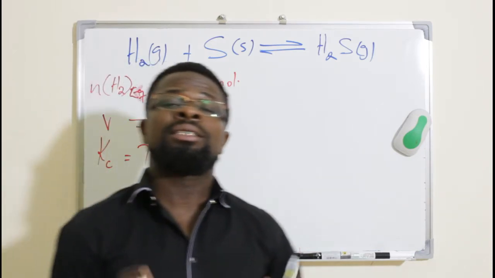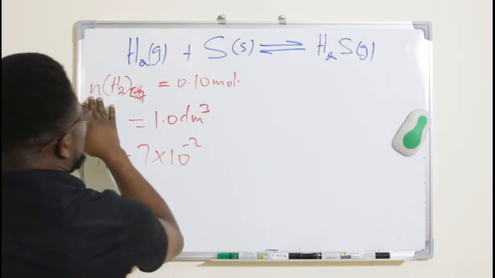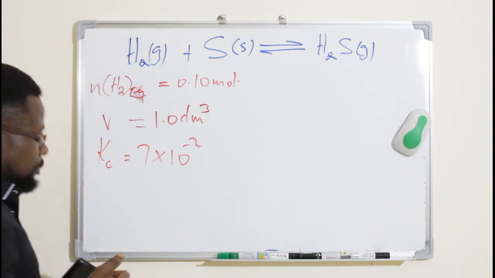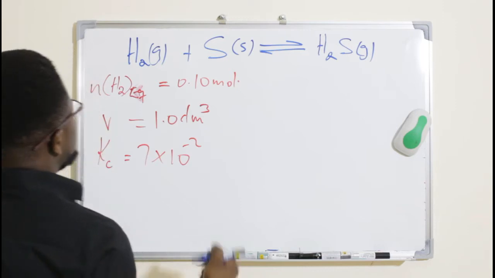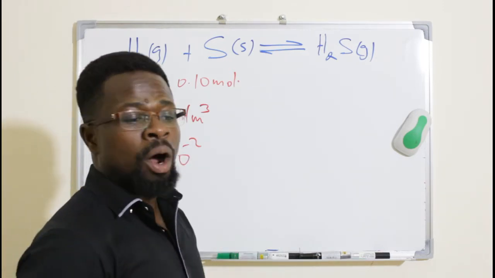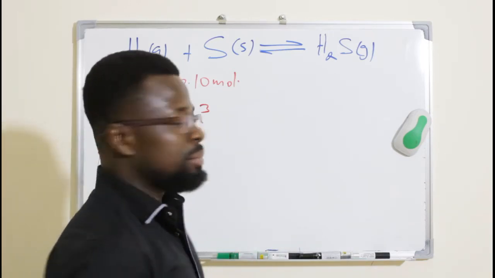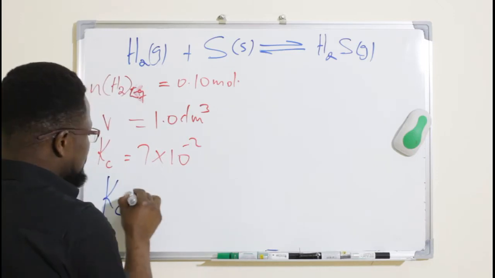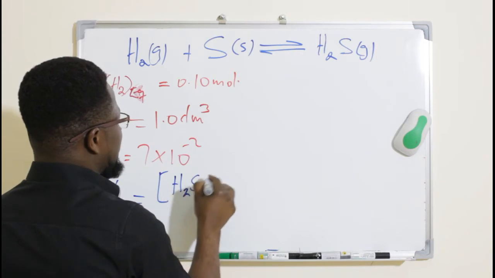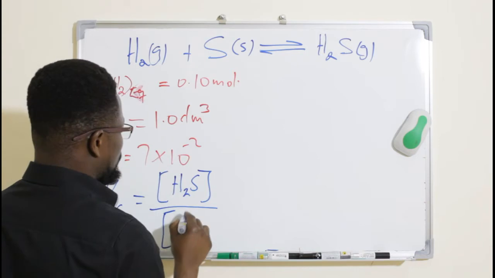Now that we know this, we can easily do the calculation, because this is the equilibrium value. The only thing we need to do is to convert the number of moles into concentration, because Kc speaks to us of the concentration of H2S divided by the concentration of H2.